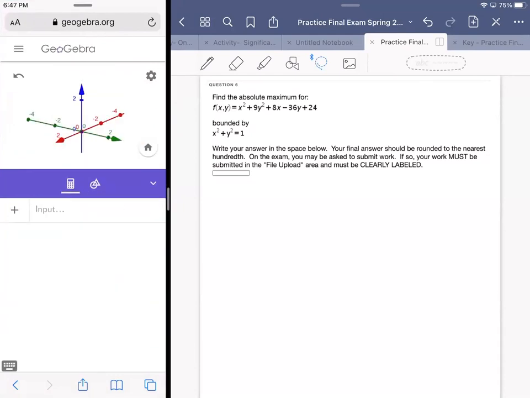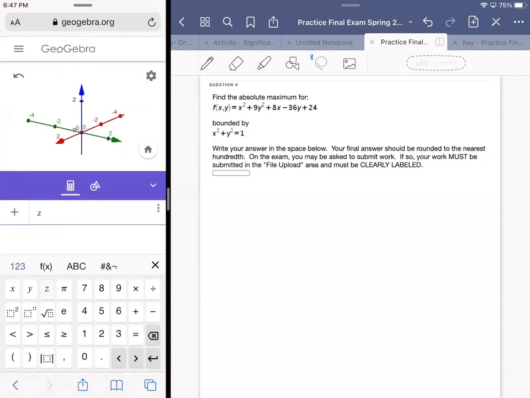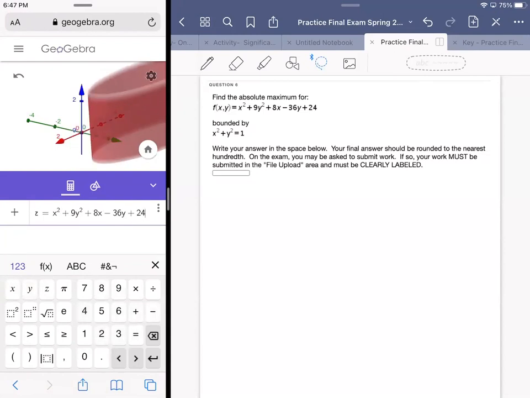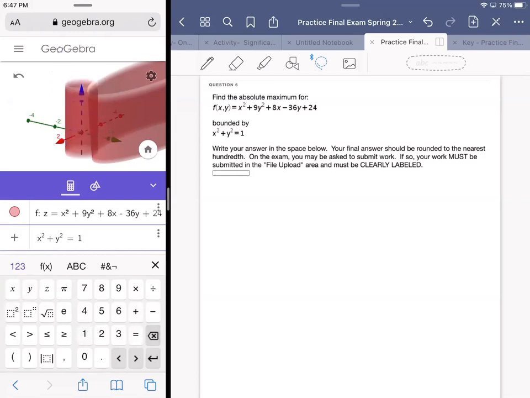All right, so I'll write it as z equals x squared plus 9y squared plus 8x minus 36y plus 24, and x squared plus y squared equals 1. Oh, equals 1. All right.